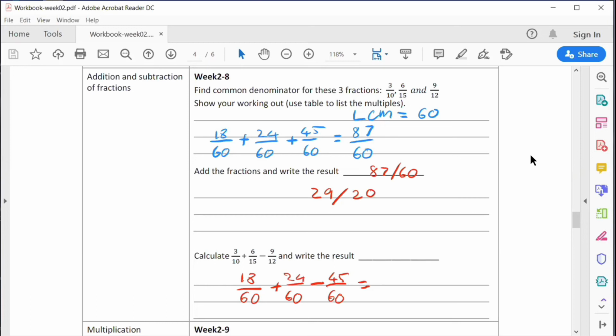Yeah. So what do you get? 33 over 60. If you simplify it, then you can get 11 out of 20. It's not 33 over 60, it's 3 out of 60. This is minus 3 out of 60, because it's 42 minus 45.